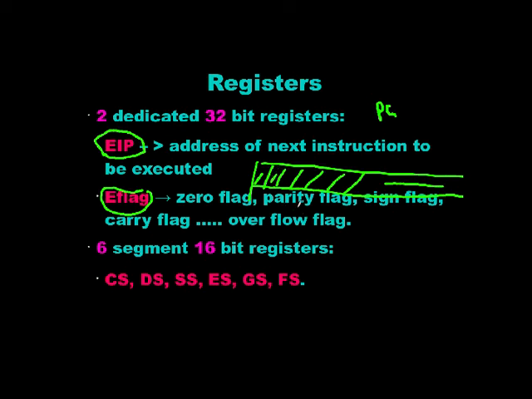What we mean by a parity flag: if you know, here's a message, let's say here's data, and this is 7 bits. I add 1 bit as a parity bit to any message or data, and we count the number of ones: 1, 2, 3, 4, 5.